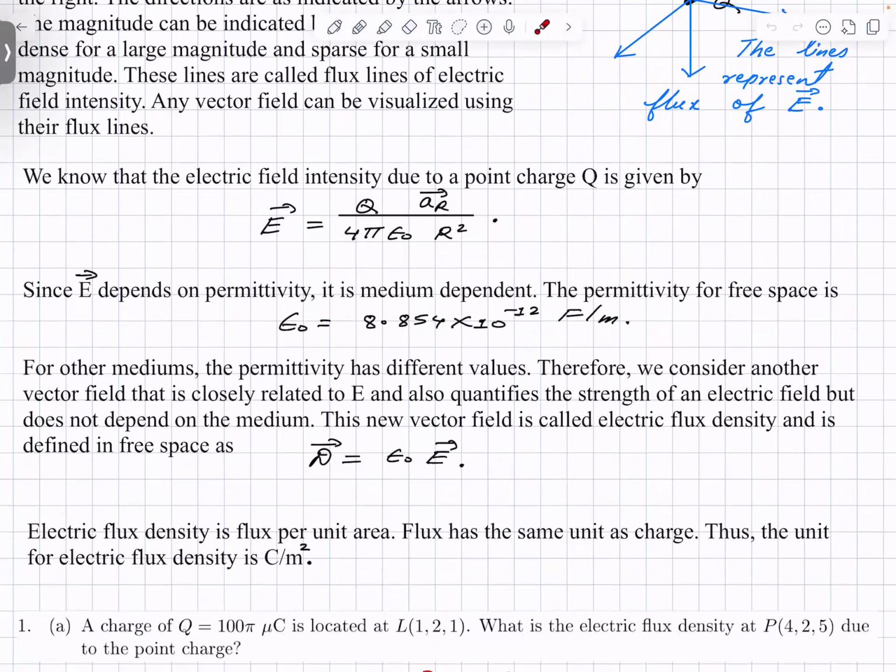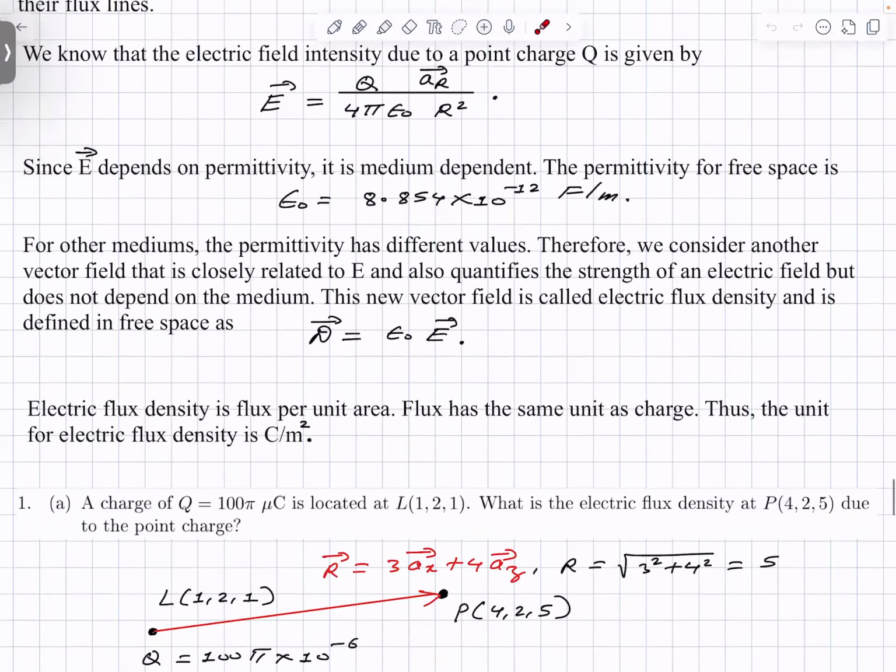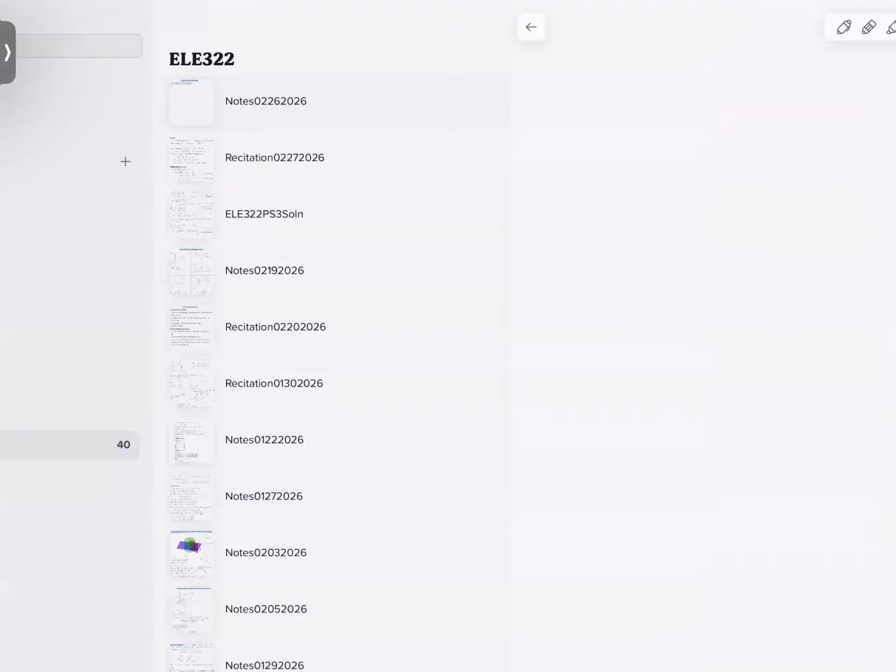We also said that electric flux density is flux per unit area. Since flux has the same unit as charge, the unit for electric flux density is coulomb per meter squared. Okay, so that's what we did in the last class.